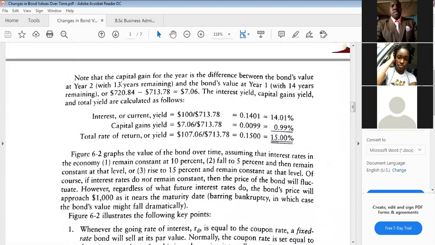Know that the capital gain for the year is the difference between what? The bond's value at year 2, in this case with 13 years remaining, and the bond value at year 1 with 14 years remaining: 720.84 minus 713.78.